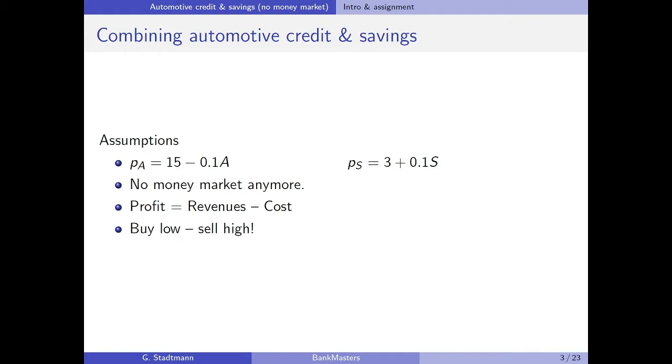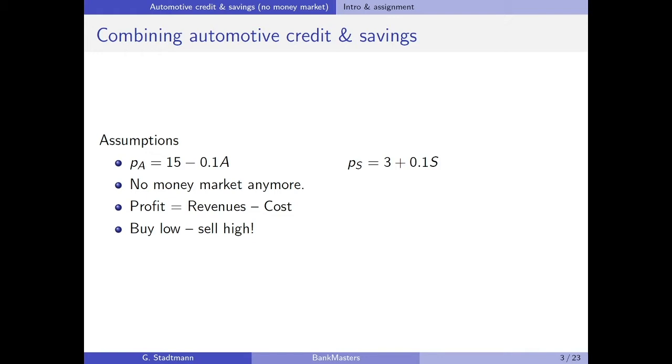But on the other side, the PS side, the bank is incurring some payments because it has savings, as we all sometimes have savings in the bank, and the bank has to pay some interest. So it is stated as the cost in this profit function.